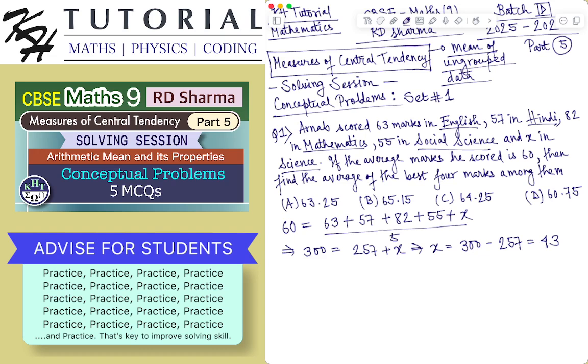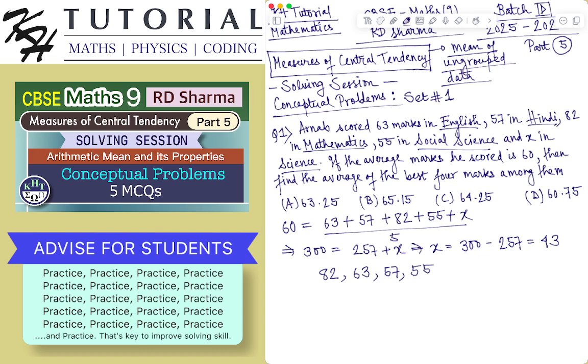Okay, so what are the marks? If I arrange the marks in the descending order, the maximum marks is 82, then I have 63, then 57, and then 55.